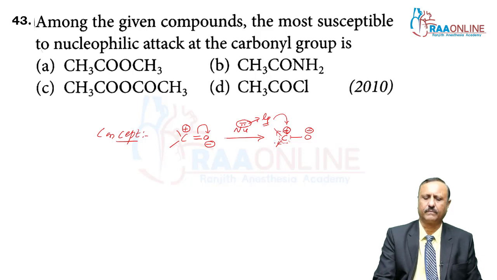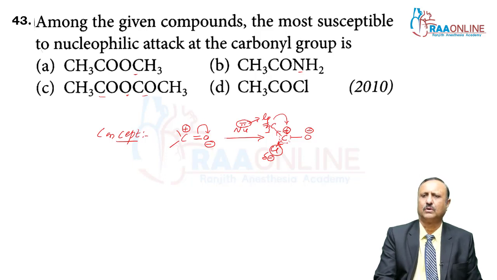Here you can see the question: here an NH2 group, and here an OCH3 group attached with oxygen. When a CH3 group is present here and a Cl group is present directly on the carbon atom, then due to the inductive effect the negative charge is present on the chlorine and the positive charge on this carbon atom.